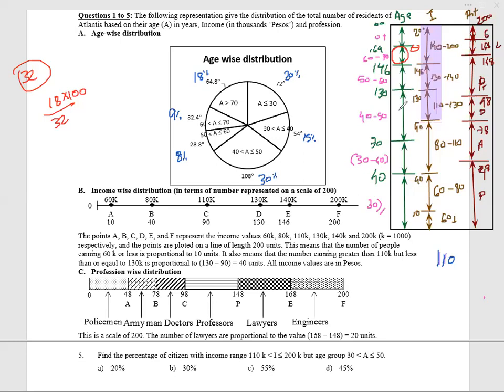Because we want within 40. 30 to 50 range, which starts here and which ends here. So our counting starts as 110. So this is 130 and above 30 years we need. So this part is coming as 90.